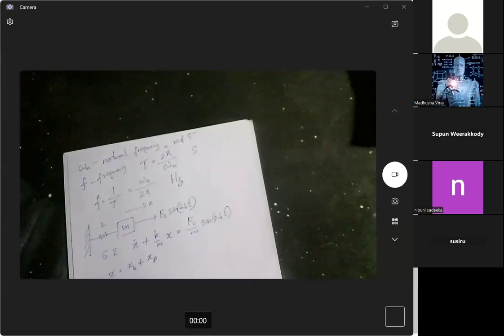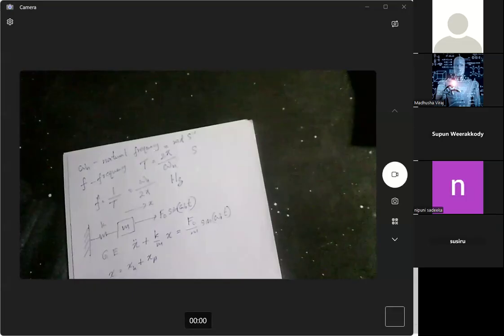So we can assume whatever this particular integral is, it should have a periodic function which is similar to the external force, right? All assumptions, we have to check whether they are correct or not by checking this solution with the governing equation.